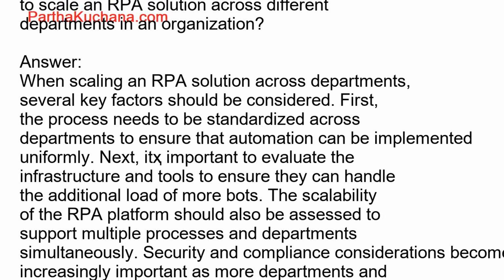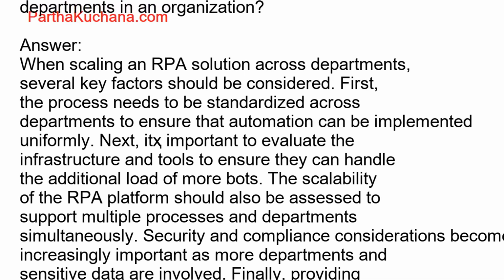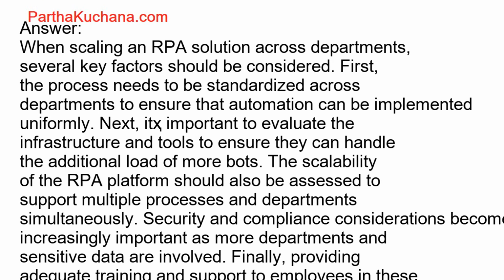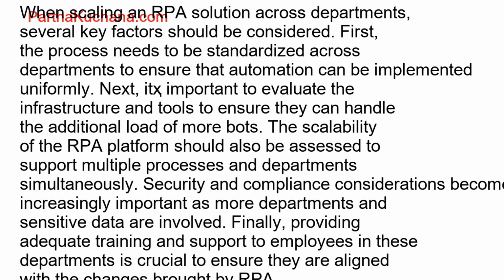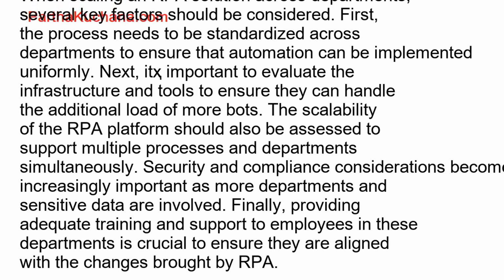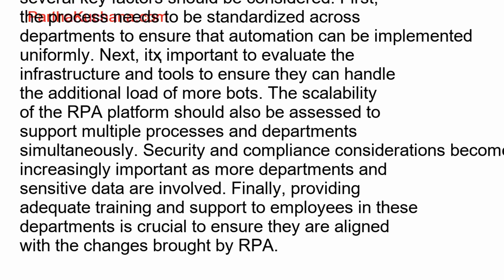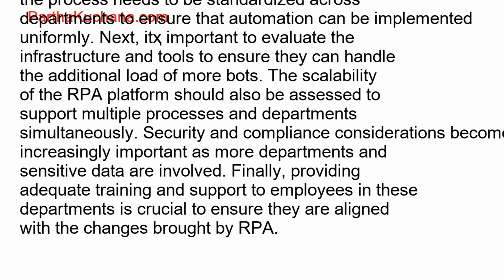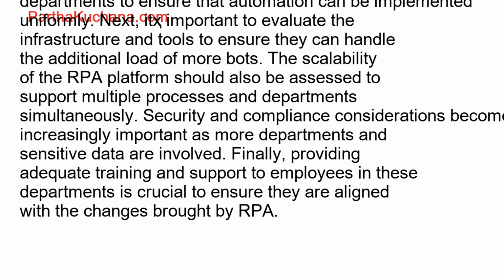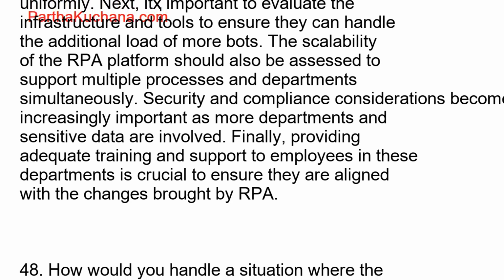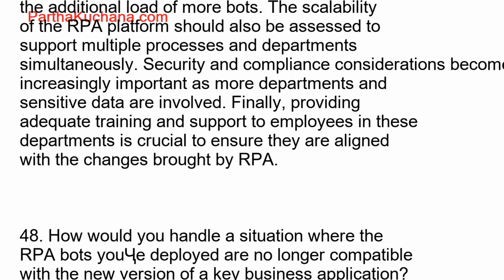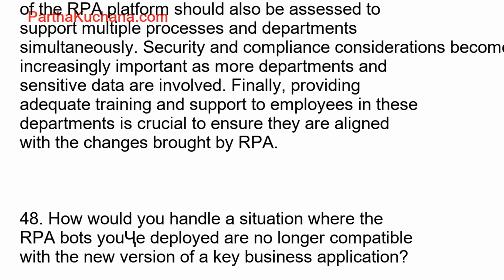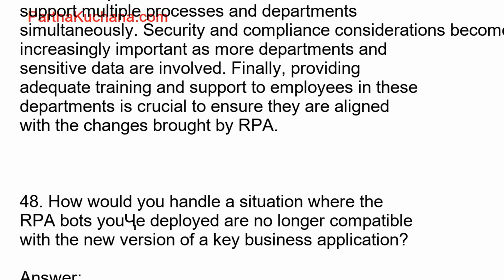Answer. Maintaining bot performance over time requires proactive monitoring and regular updates. Continuous monitoring through logging and analytics helps track the bot's performance, identifying potential issues such as delays, errors, or failures in real time. As applications and processes evolve, it's crucial to frequently review and update the bot's workflows, especially when there are software updates, interface changes, or shifts in business requirements.